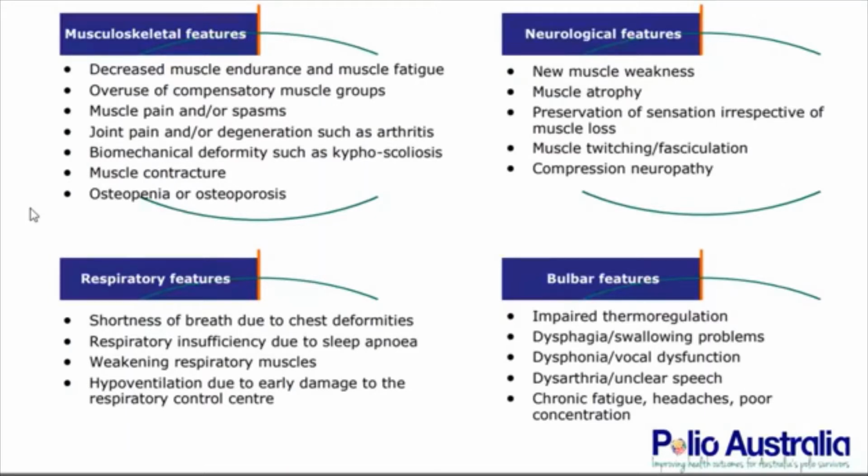So looking at the bullet features, impaired thermoregulation, or decreased regulation ability. This comes back to the tone of the circulatory system and maintaining even, consistent temperatures across limbs in the body. And this is not merely subjective, where the limb feels cold to the polio survivor; it actually does feel tactilely a different temperature compared to other limbs.